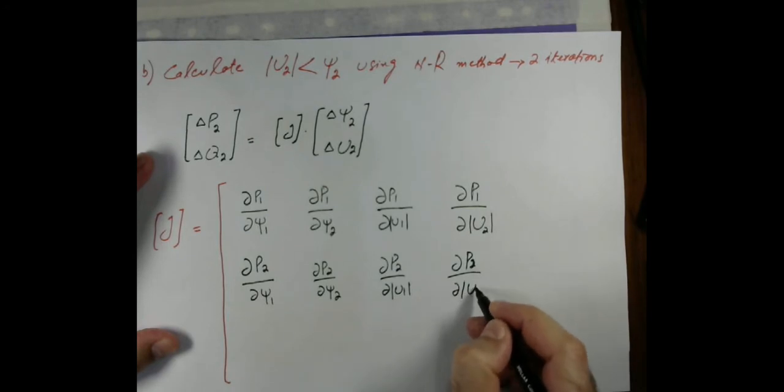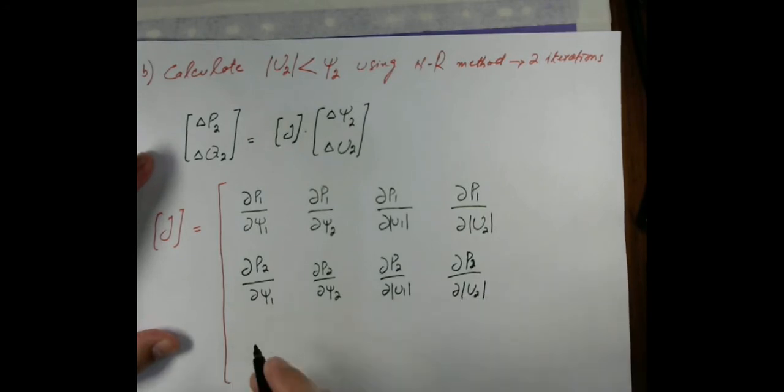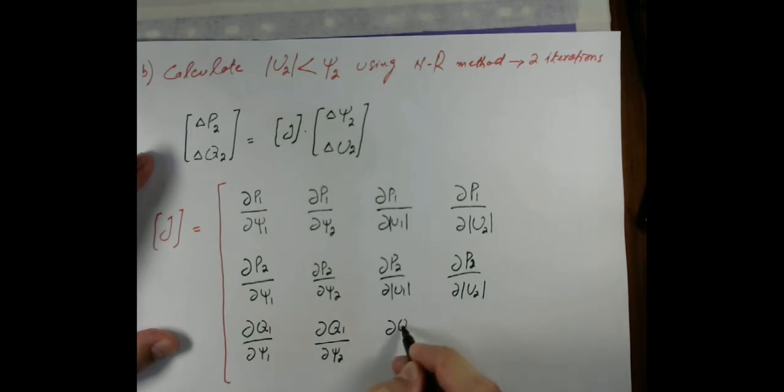U2. Similarly, we will have the row for the reactive power, that is Q1 over delta psi 1, Q1 over psi 2, Q1 over U1 magnitude, and then Q1 over U2 magnitude.